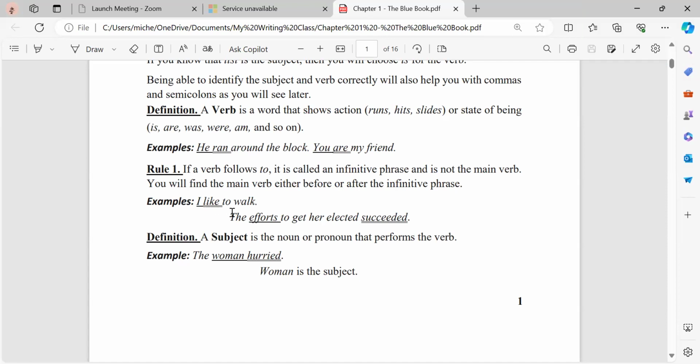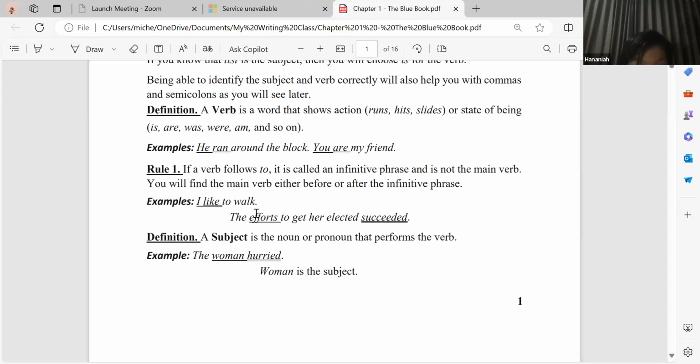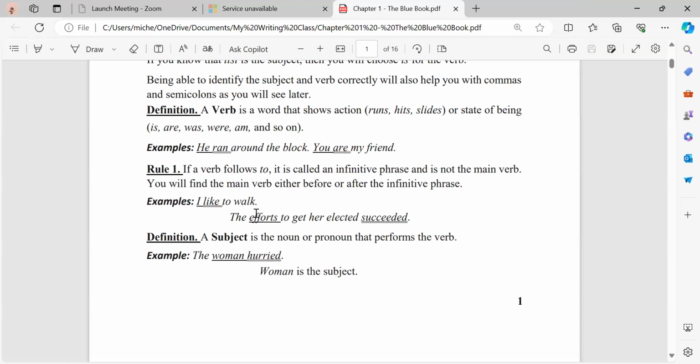From this sentence, the word like is the main verb, and to walk is the infinitive phrase. So it is not the main verb. It is a verb that is more like a complementary one that completes the whole sentence. So it's like additional information.